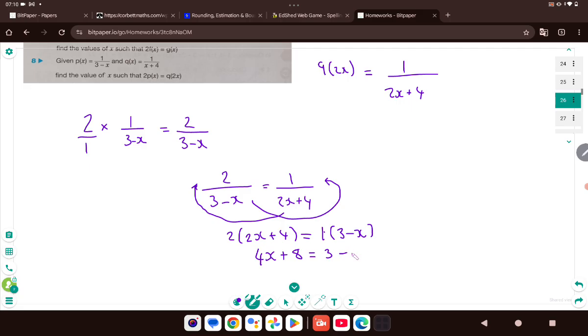Add x to both sides. Minus 8 from both sides. Just take it over here. Divide both sides by 5.